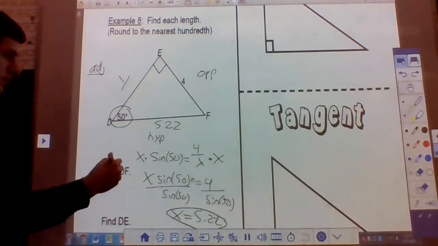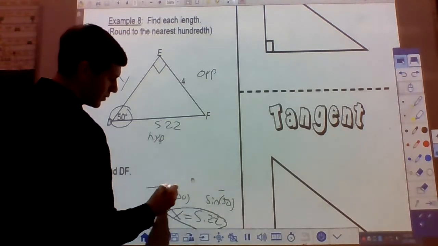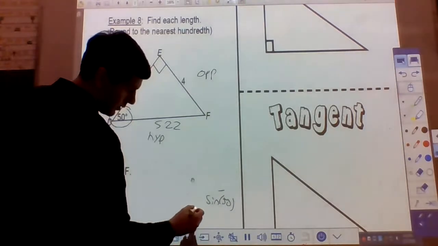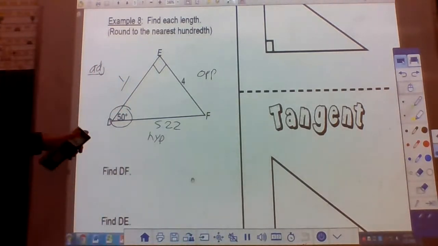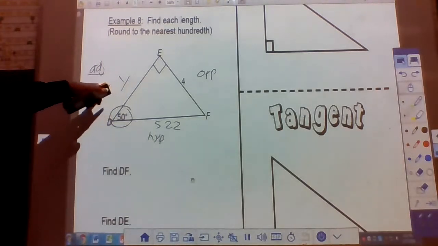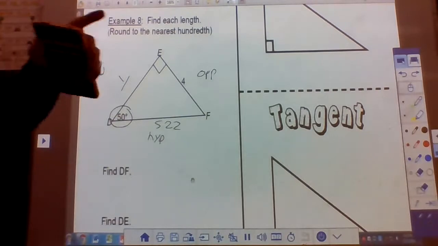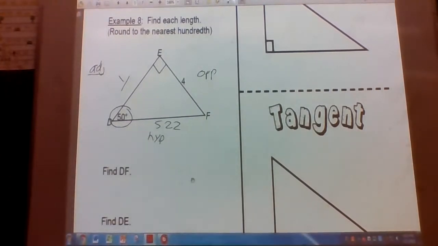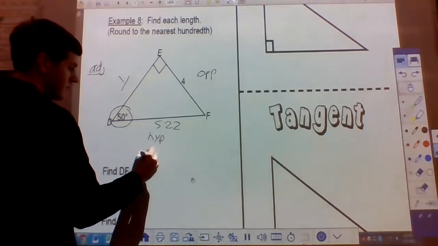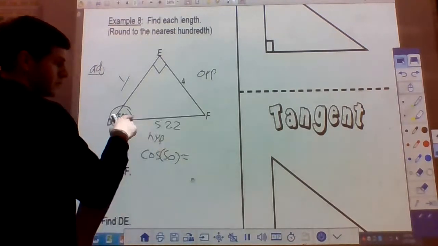I'm going to erase this so I have room to write. Again, now we have 2 different equations we can set up. We want to find y, which is adjacent to the 50 degrees, so it better have adjacent in it. That means we can eliminate sine. So we can either use cosine or tangent. If we use cosine of 50, that's going to be adjacent over hypotenuse.